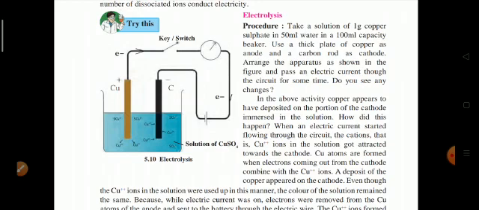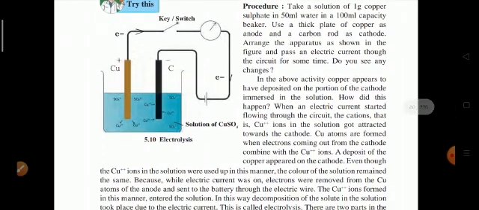Now what happens? In the above activity, copper appears to have deposited on the portion of the cathode immersed in the solution. What is seen is that copper is attracted to the cathode. Cu atoms are formed when electrons coming out from the cathode combine with the Cu 2+ ions. A deposit of copper appeared on the cathode.